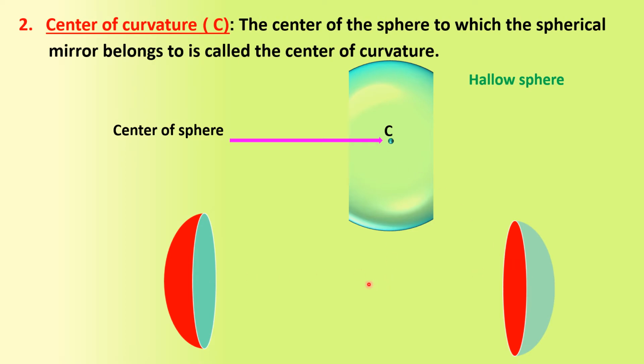So this center is called the center of curvature. The center of the sphere to which the spherical mirror belongs is called the center of curvature. If you imagine completing this part as a whole sphere, its center will be located here. Similarly, this one also. So this is called the center of curvature.